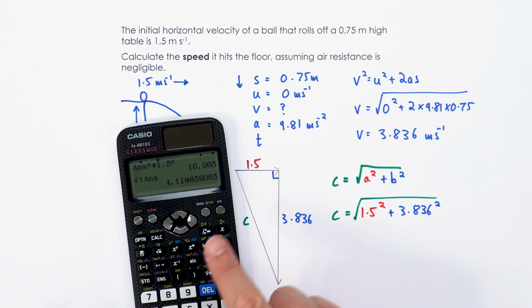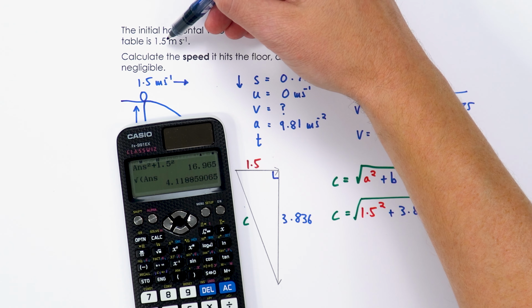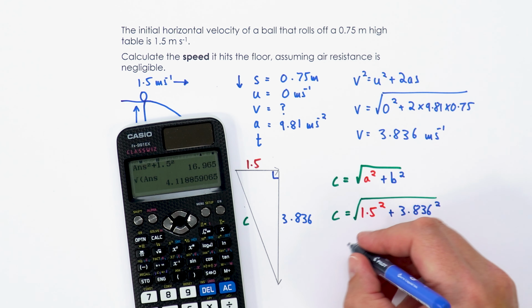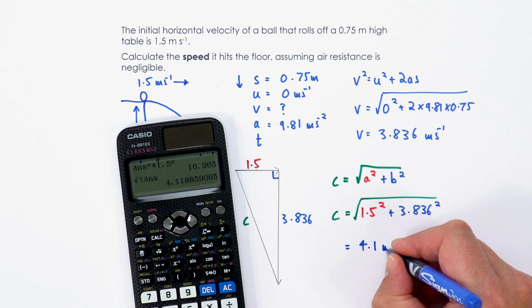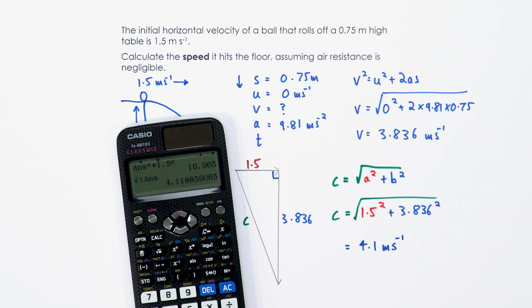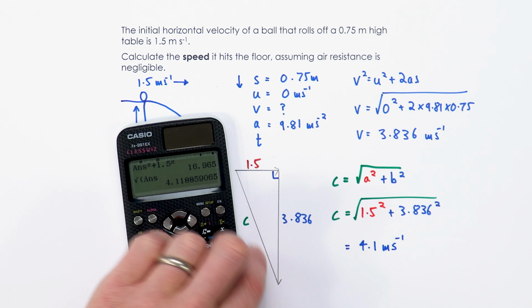So to two significant figures, like our raw data that we have up here, that would be equal to 4.1 meters per second. So that's the length of this side is 4.1, which means the speed of the ball as it hits the floor is due to both its horizontal and vertical components of velocity and equal to 4.1 meters per second. Now, of course, that is a relatively advanced question.